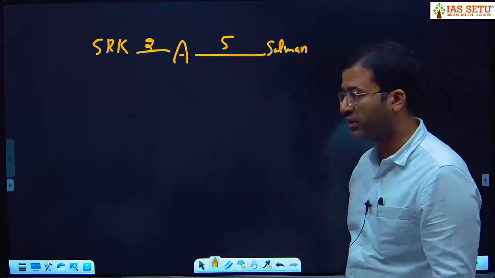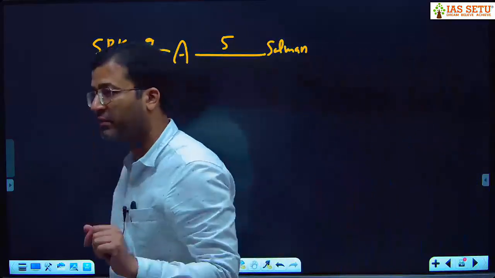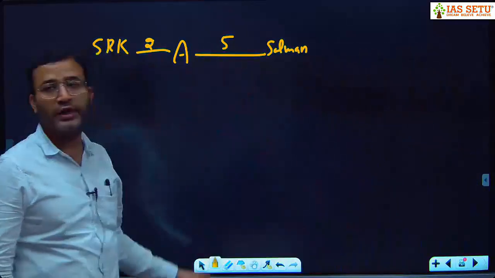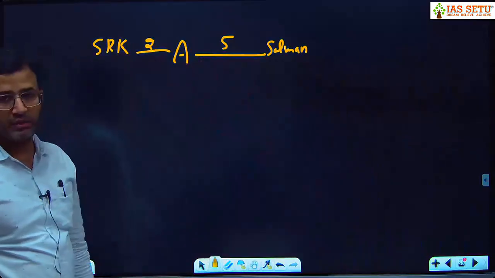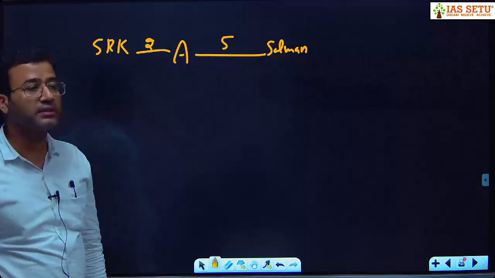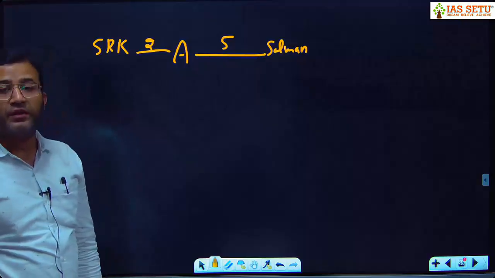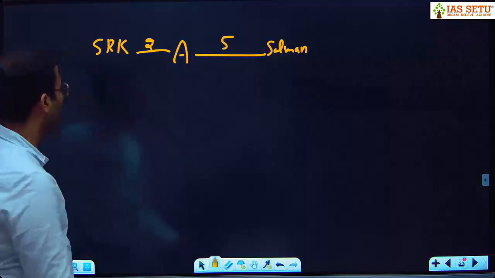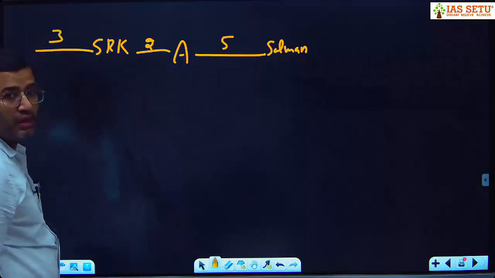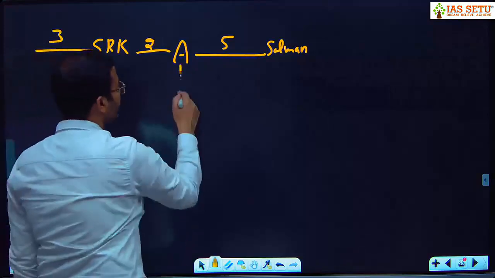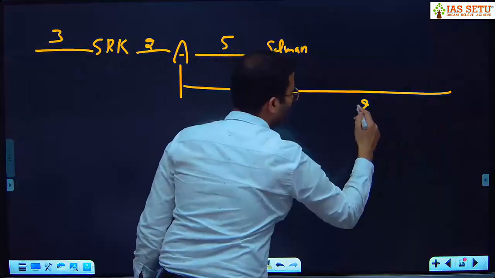Tell me any contradiction. Between Amir and Salman 5. Between Salman and Shahrukh 8. Yes, 8. Then there are 3 persons ahead of Shahrukh. So you take 3 persons ahead of Shahrukh. There are 21 behind Amir Khan.